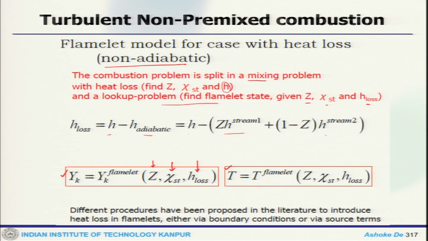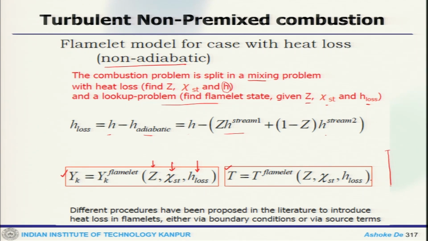Now different procedures have been proposed in the literature to introduce these flamelets and consider the heat loss. What we are discussing here is the basics of all these things, but one has to look at the current literature, where plenty of advancement has been made, because these things were proposed a long time back and have since been modified.